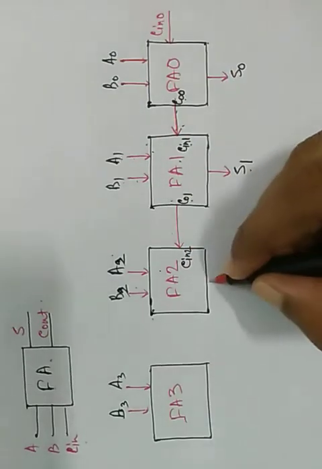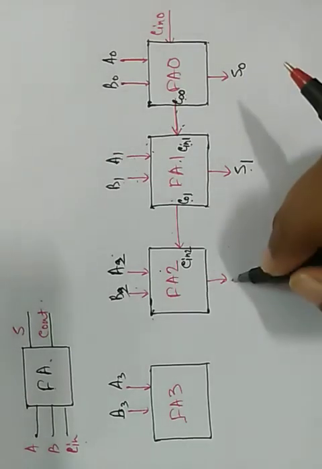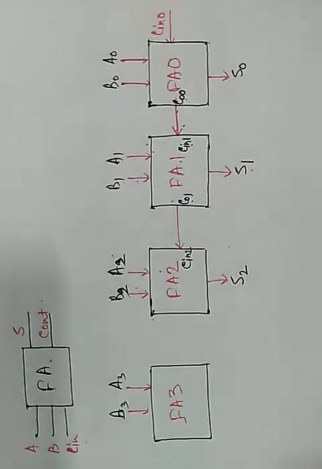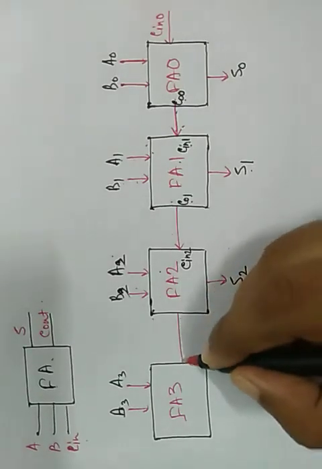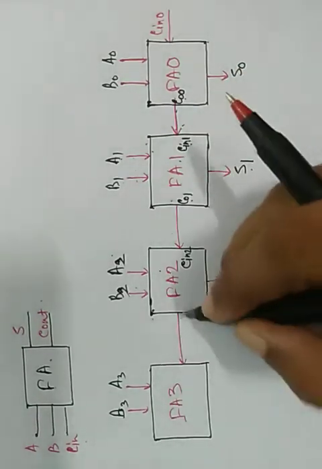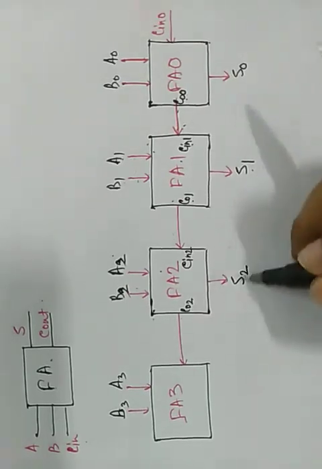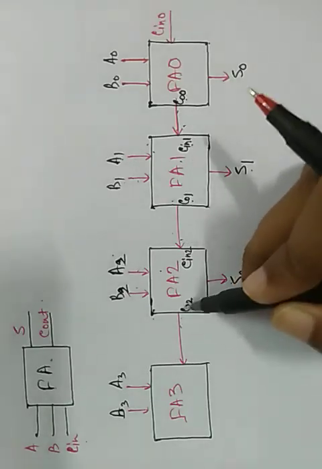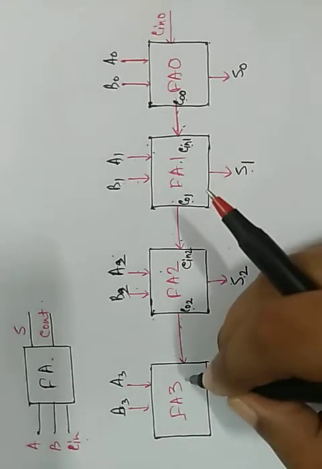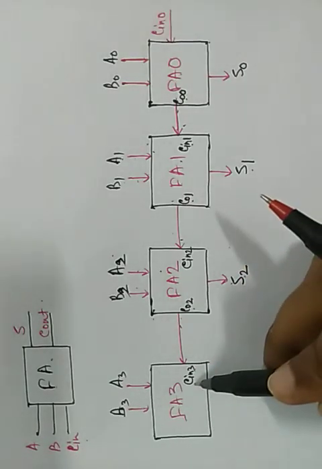So in the next bit addition also we get S2 output, sum, and C out 2. Sum 2, carry out 2, C in is the 3-bit input and 2 outputs. Again this C out 2 goes as the C in 3 in the next full adder addition.